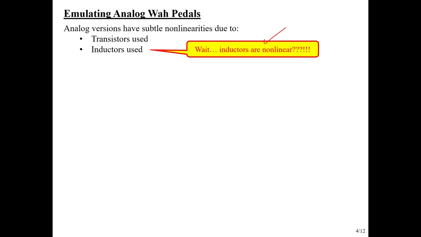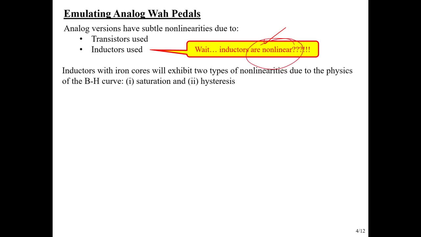So if you apply the concept of a linear system that you learned in your signals and systems class to the relationship between voltage and current in an inductor as described in your circuits class, that's a linear thing because it depends on either a derivative or an integral, depending upon which way you're relating the voltage and current. And you know from your Calculus 1 class that derivatives are linear and integrals are linear. So you learned that inductors are linear, but they are in fact physically nonlinear.